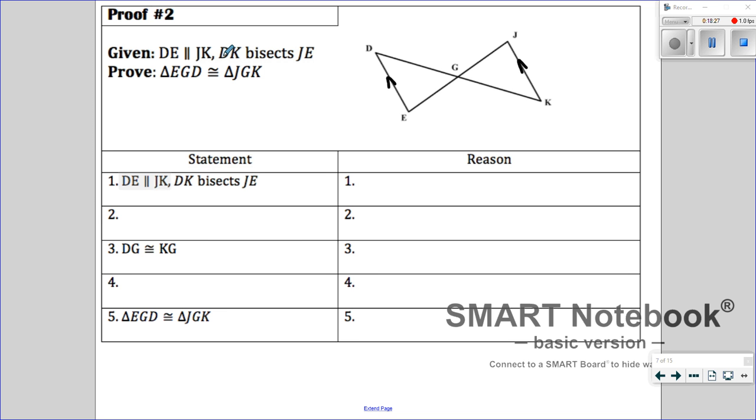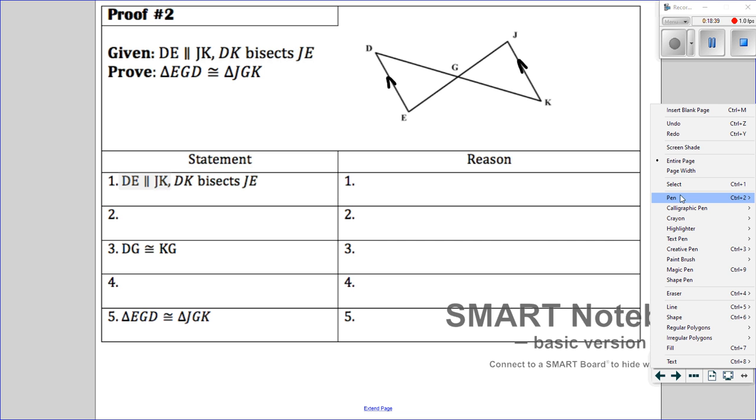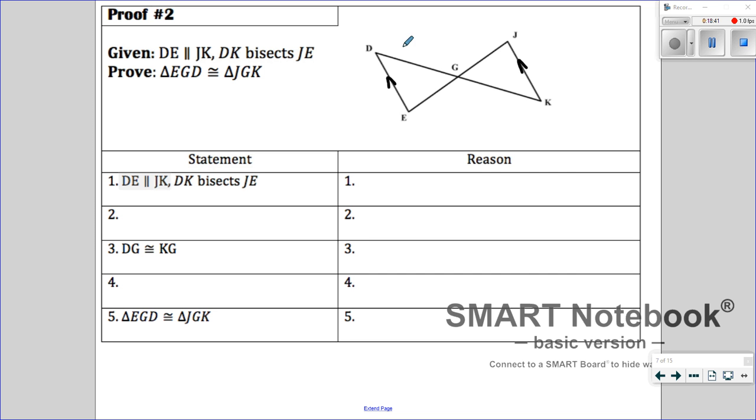And then they say that DK bisects JE. So I'm going to take my pen. This line is cutting this into two congruent segments, so this is going to be congruent to this.